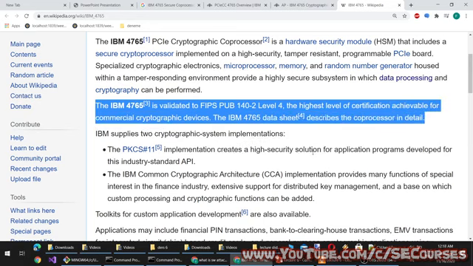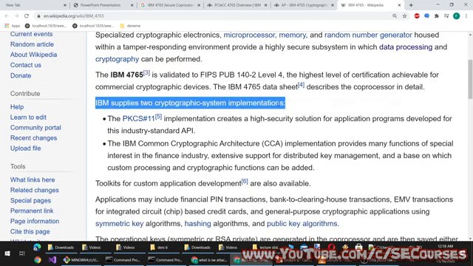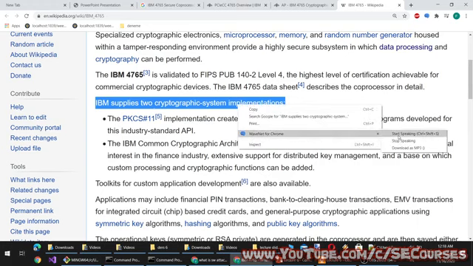The IBM 4765-3 is validated to FIPS Pub 140-2 Level 4, the highest level of certification achievable for commercial cryptographic devices. The IBM 4765 Data Sheet describes the coprocessor in detail.